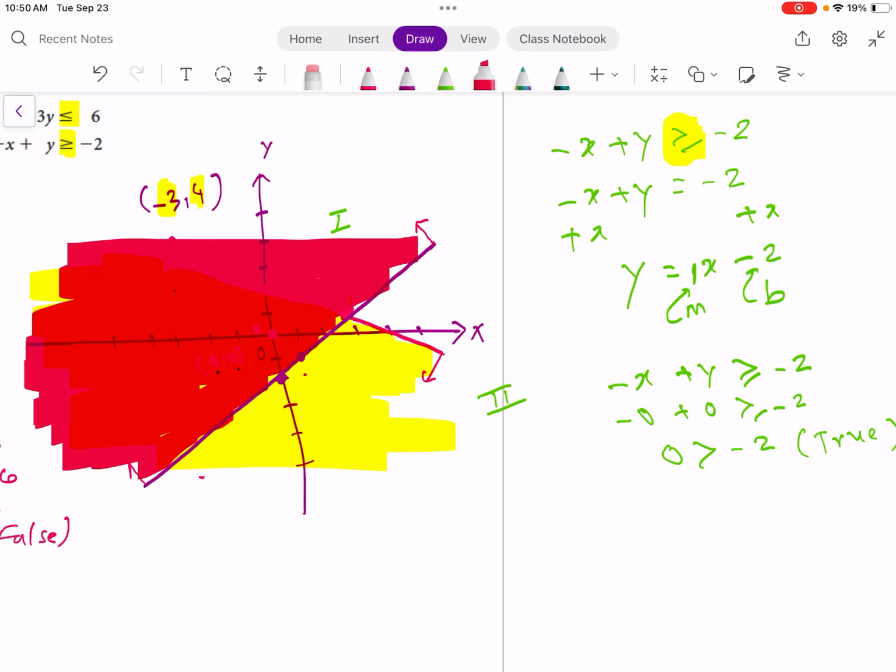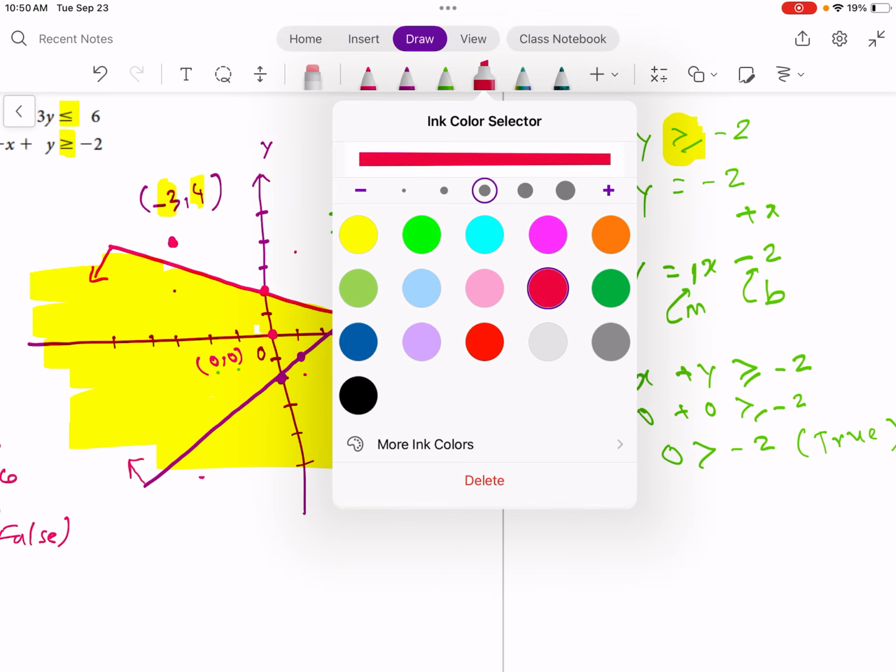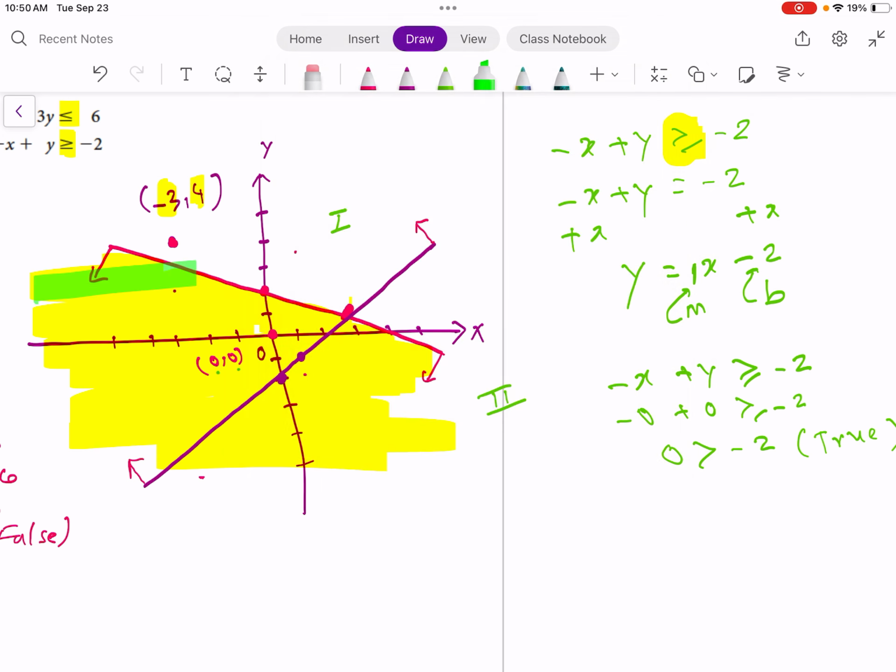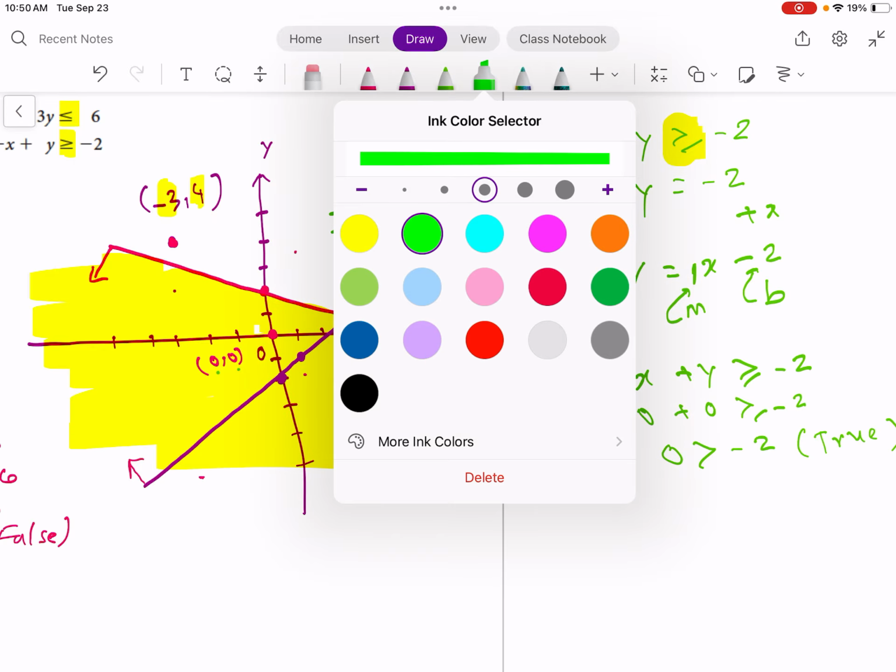Okay, so do you see that common region here, the common solution? I should have used a different color here. Okay, let me use green. It does not help. Maybe red.